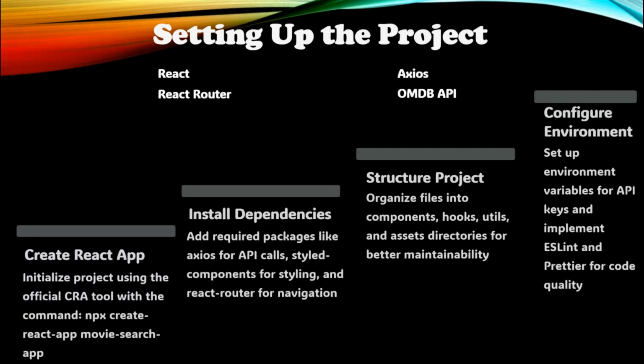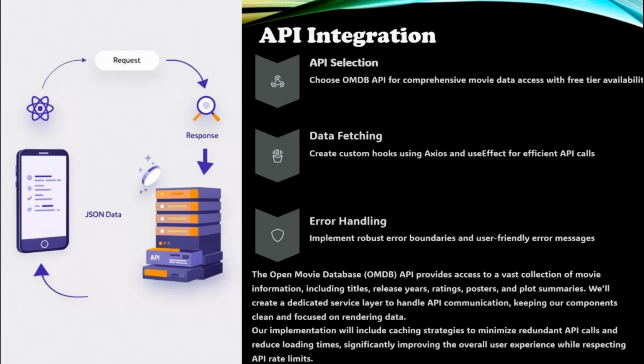It uses an API key to connect to the databases. The project structure is made up of different folders like components, hooks, and directories for better maintenance of the app. We have also used environment variables, ESLint, and Prettier for good quality code.